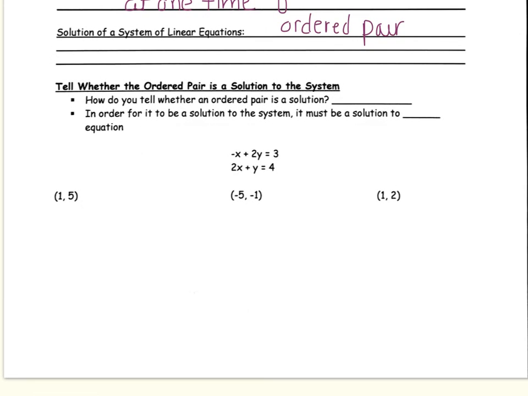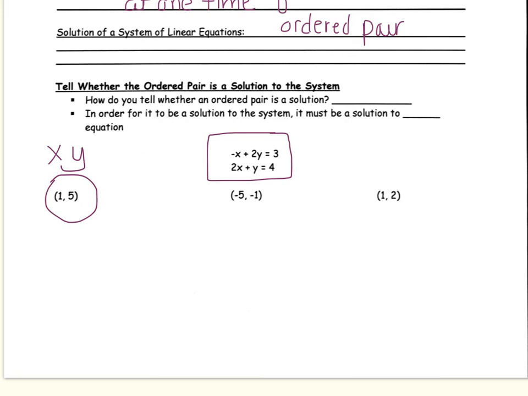Now, the next part of this is tell whether the ordered pair is a solution to the system. Now, how you tell if the ordered pair is a solution or not is you take the ordered pair itself and plug it into both equations and decide if it makes sense in both or not. So this first one, 5, 1, remember 1 is x, 5 is y. So you take both of those and plug it into both equations.